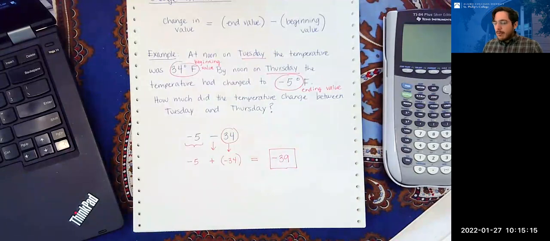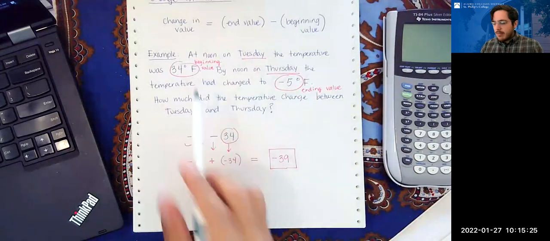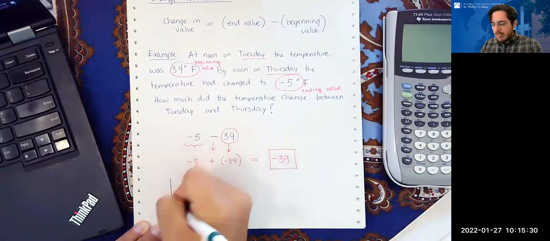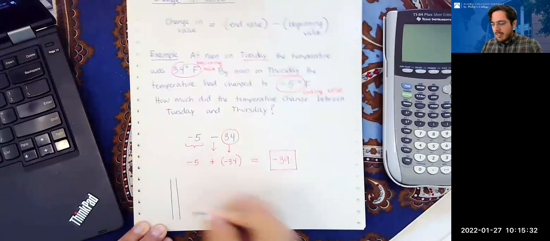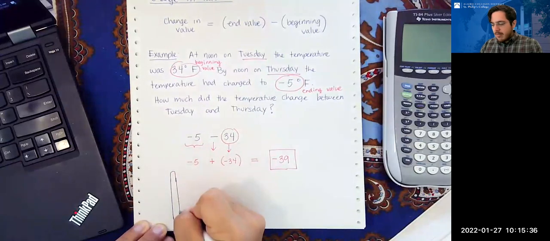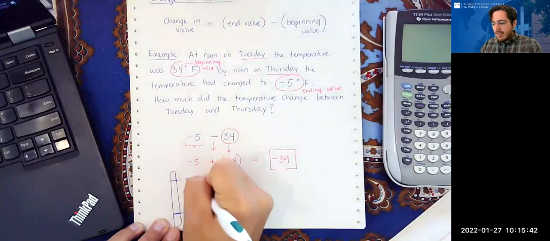So what we're saying is that if you're thinking about a thermometer, and if this is the ending value, then we can think about a thermometer this way, right? A thermometer is usually written vertically. I don't know, this is a really bad thermometer. That -5 is down here, and 34 is somewhere up here.